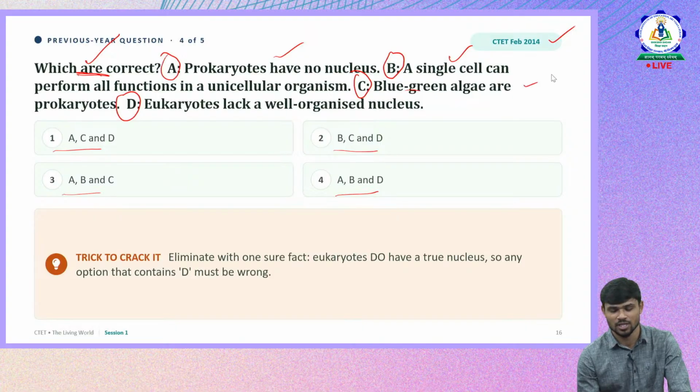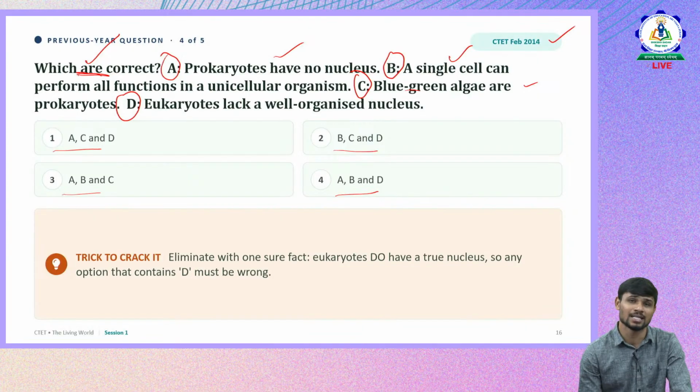Option D, eukaryotes lack a well-organized nucleus. This is about the types of cells, prokaryotic cells and eukaryotic cells. The question is based on that concept, and they are asking us to identify which one is right.